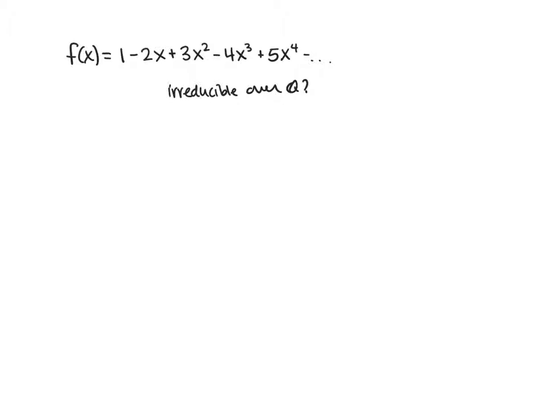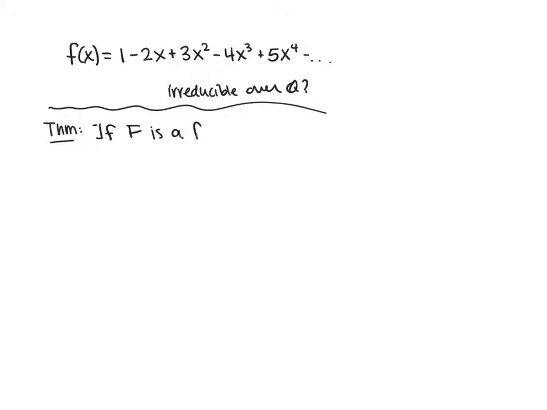Now, in order to show something is irreducible, we need some tools. So let's develop some techniques. So the first is one we kind of talked about on the last slide. We showed that a polynomial was irreducible over Z5 just by checking that it didn't have any roots, right? So it didn't have any linear factors. Now that will work if you're working over a field and if your polynomial has degree 2 or 3.